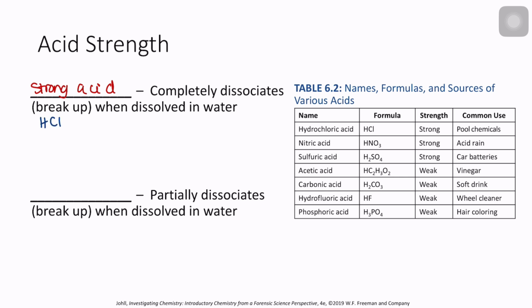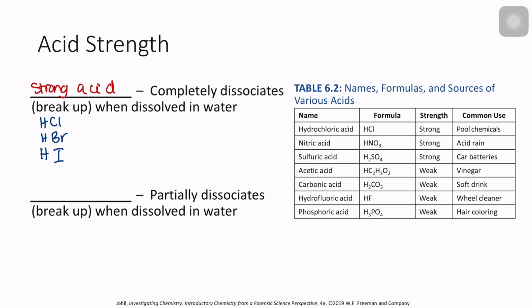They are hydrochloric acid, hydrobromic acid, and hydroiodic acid. Notice these are all the halogens, with the exception of fluorine. HF, hydrofluoric acid, is not a strong acid.